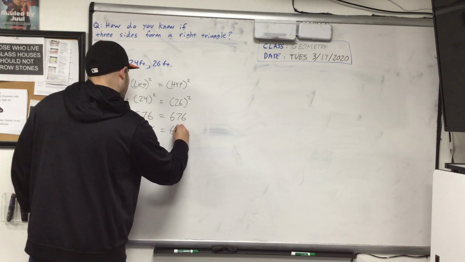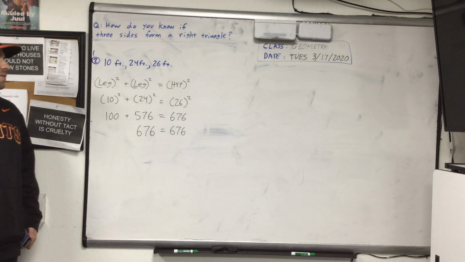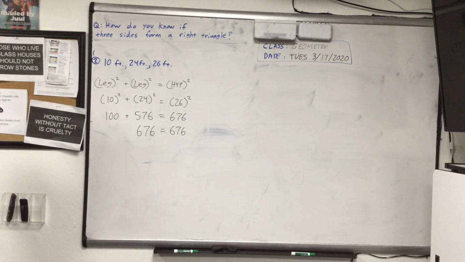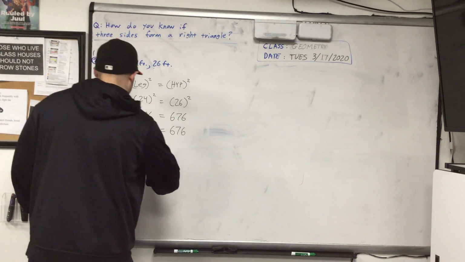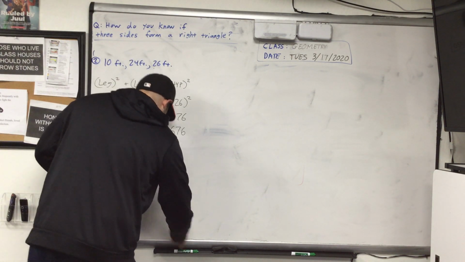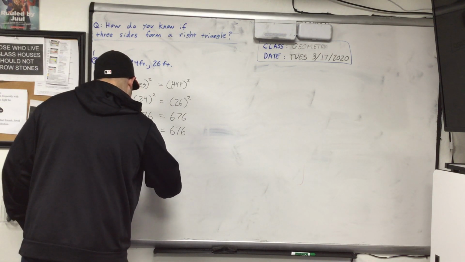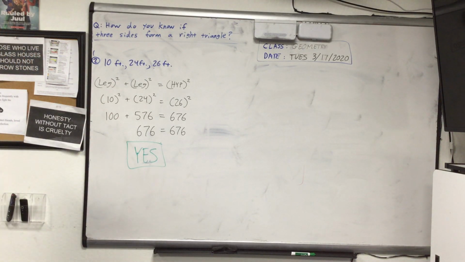The left side equals the right side. Therefore, 10, 24, and 26 form a right triangle. They satisfy the Pythagorean theorem.